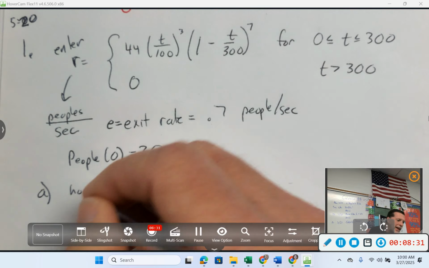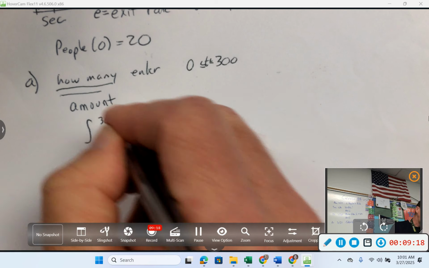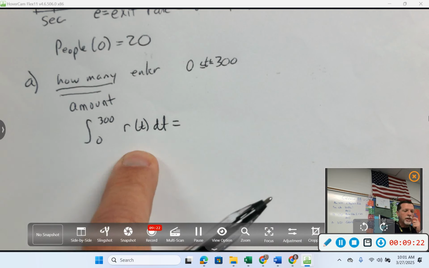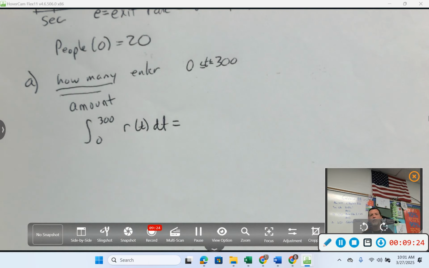If I've got the rate and I want to go backwards to the amount, I need an antiderivative. So how many people enter the line will be the integral from 0 to 300 of R of t dt. And that would be enough work to show, because your calculator is going to find that. So grab a calculator if you need.